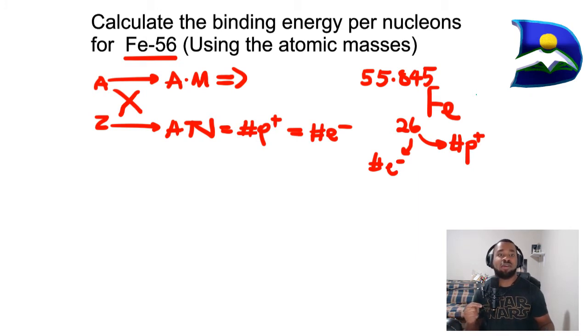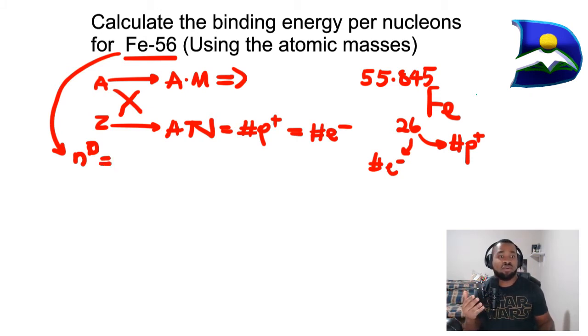In this other case here, since we're considering the isotope iron 56 to be our specific nucleon, the number of neutrons in this particular element is determined by taking away the number of protons from the mass number.